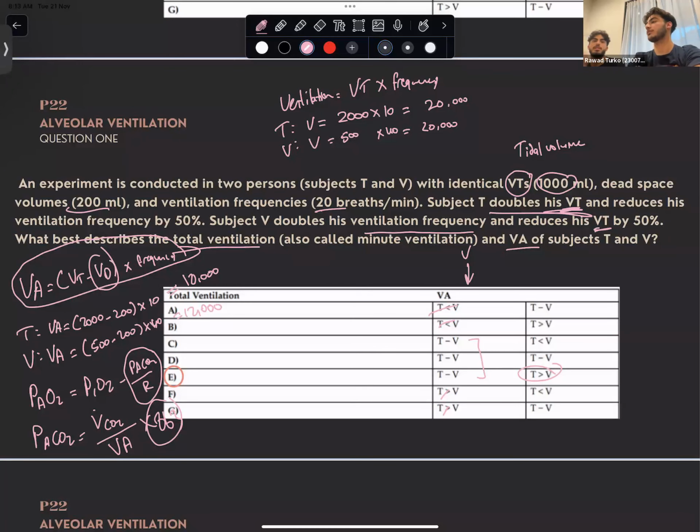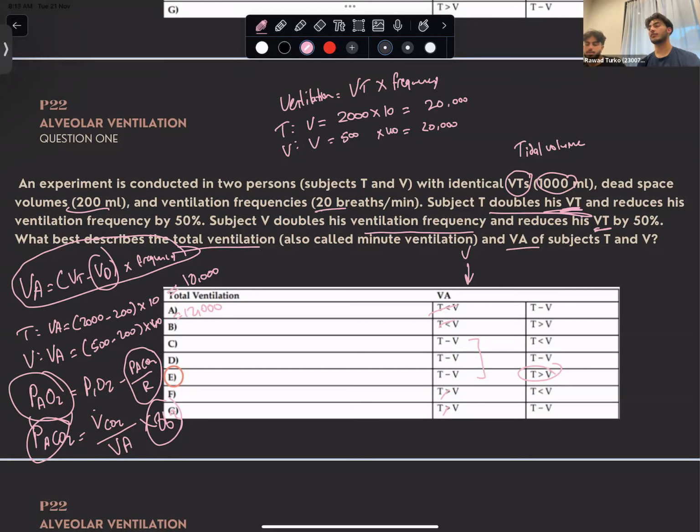That fraction gives us the flow of carbon dioxide, and then we multiply it with the constant to get the pressure of CO2.